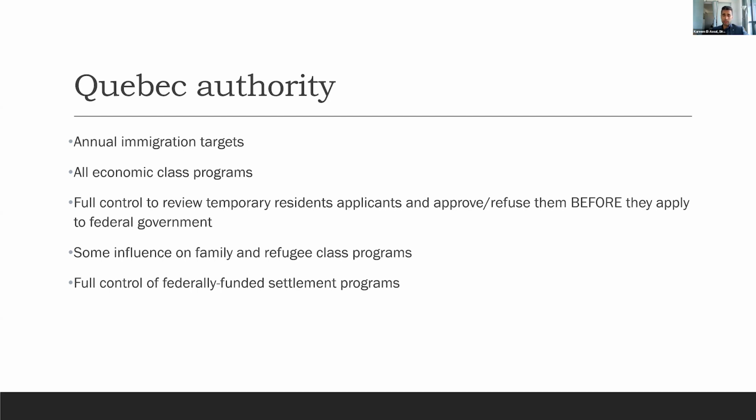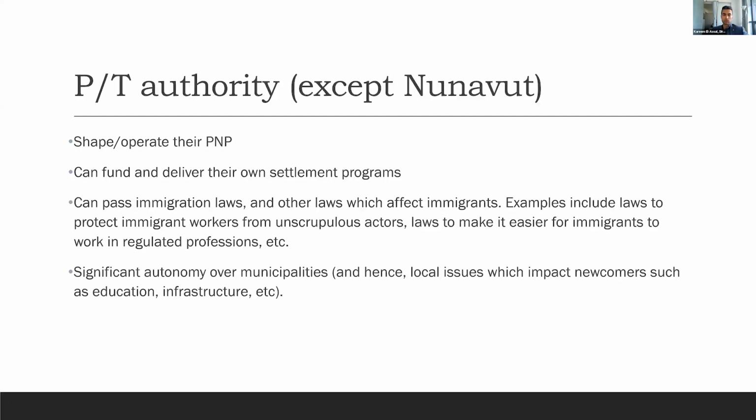With every other province and territory, the contribution agreements are negotiated between the federal government and settlement organizations, and these settlement organizations need to report back to IRCC in terms of the use of the money as well as the results of how they've used IRCC funding.